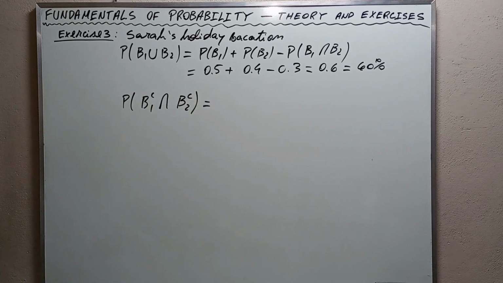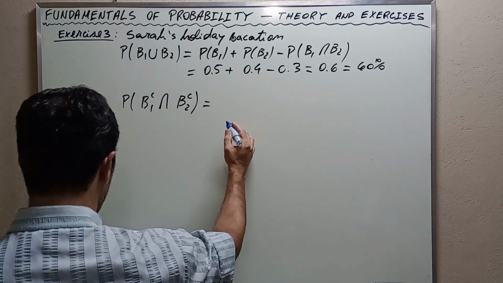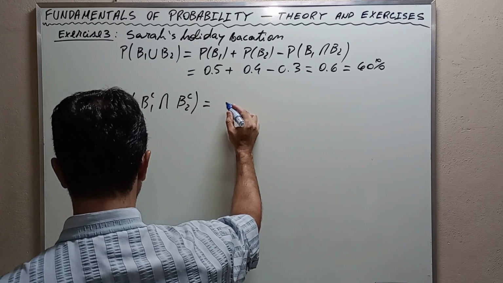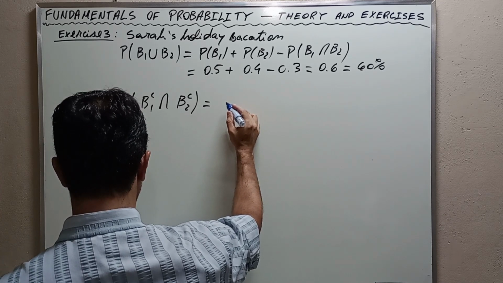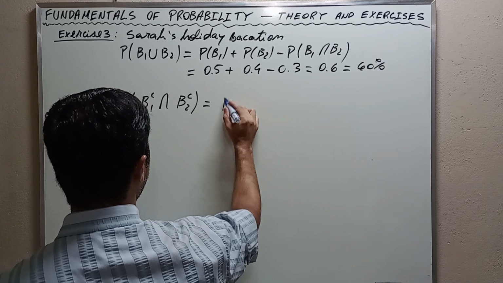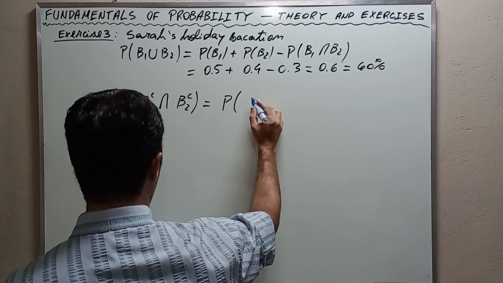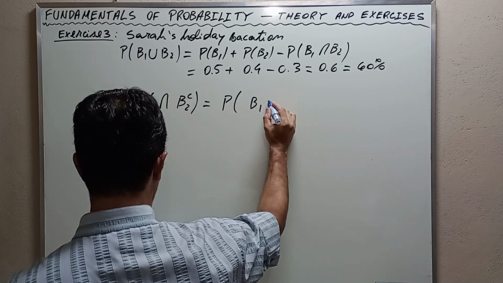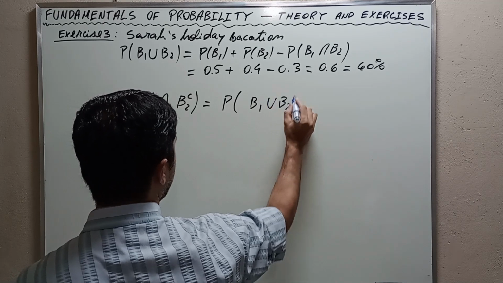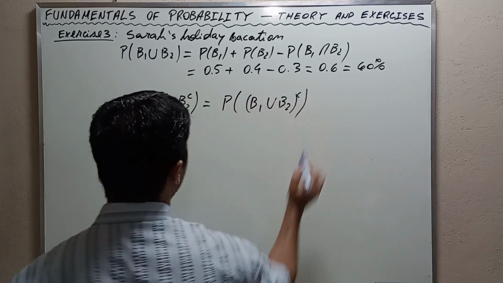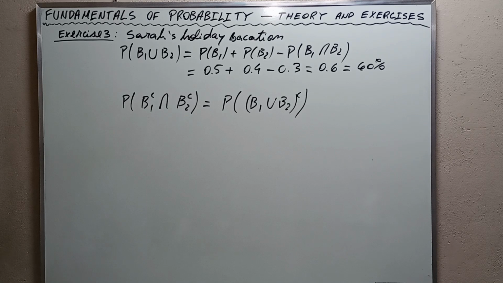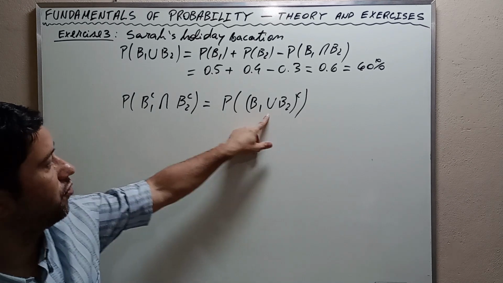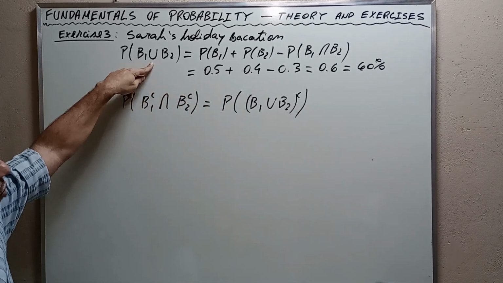We want the probability of her liking neither book. This is equal to the probability of B1 union B2, the complement of it. See that this is the complement of this.